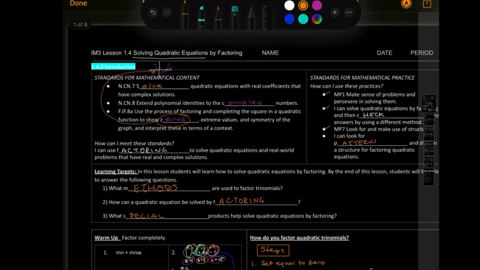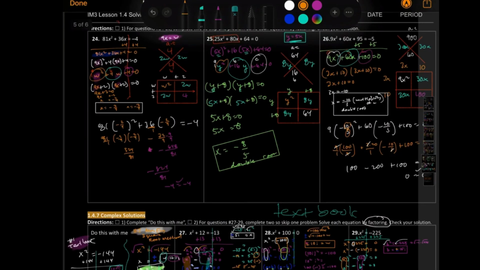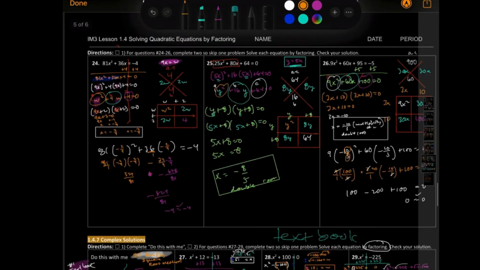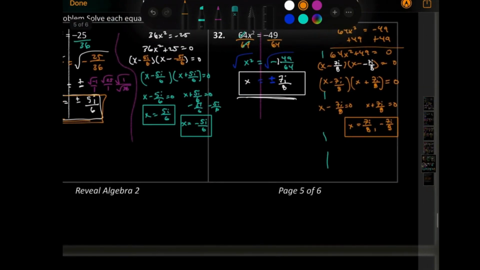So that was lesson 1.4, solving quadratic equations by factoring, where you can check your answers. We didn't check our answers for those bottom ones. Let me check one. Let's just do this one. 64 times 7i over 8 squared, does that equal negative 49?